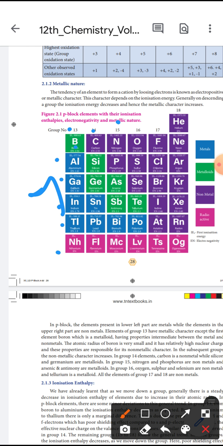So these p block elements contain metals, metalloids, non-metals, and radioactive metals.